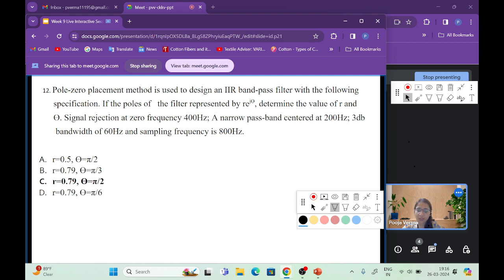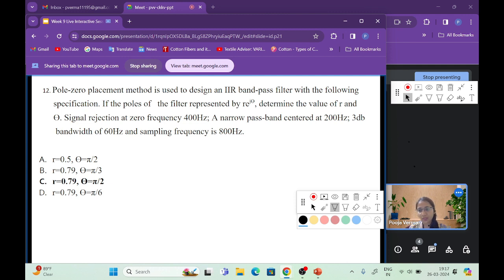If the poles of the filter are represented by r e to the power j theta, we have to determine the value of r and theta.